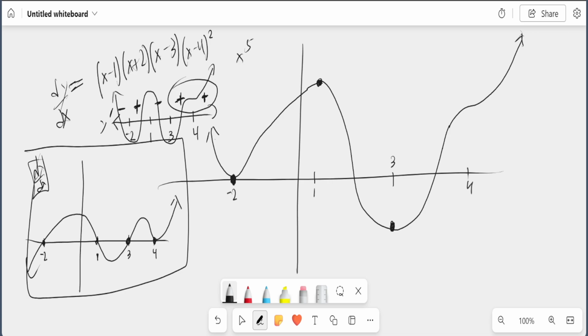If we look at the critical numbers, pretend this was f of x, our derivative here goes from negative to positive, right? So we know it's a point of inflection versus these other ones where they stay positive, right? So that's why we know that one's a point of inflection. Does that make sense? Yes. Okay, so that's a point of inflection.